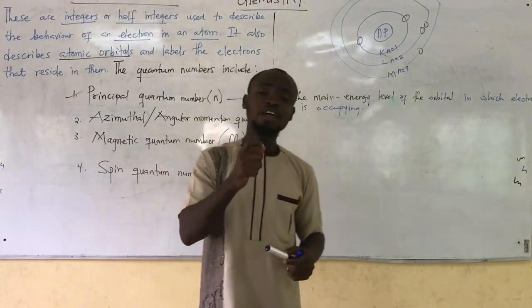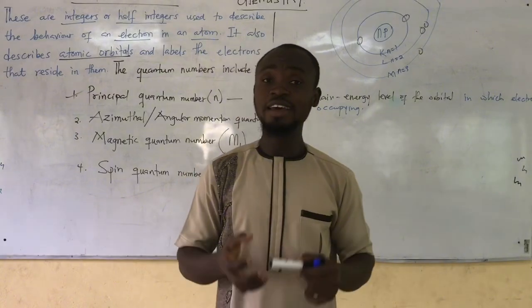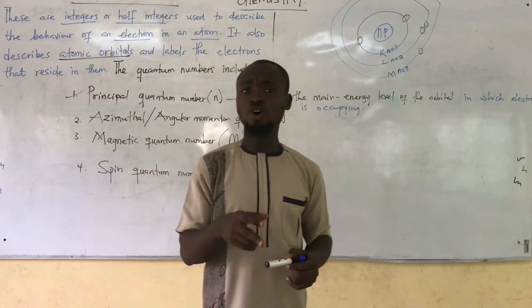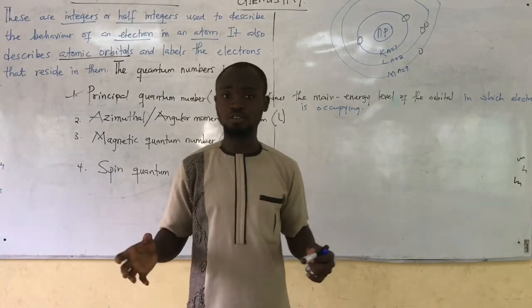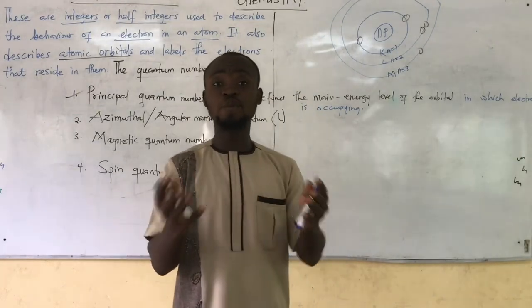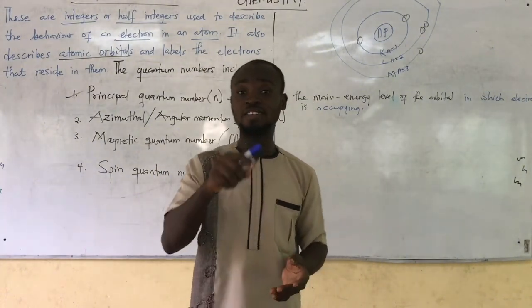The question is, are the electrons actually located exactly on the shells? The answer is no. The electrons are found or located in what we call orbitals. What is an orbital? An orbital is a region of empty space within the energy level where there is a high probability of locating an electron.